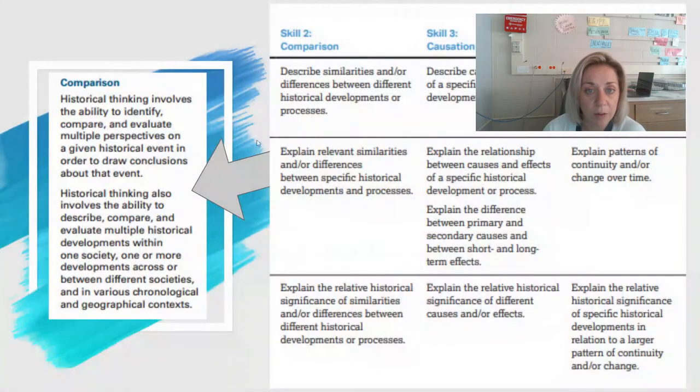When we talk about comparison, it is an innate skill that we need in social studies, right? We are specifically working on this aspect this time through: explain the relevant similarities or differences between specific historical developments and processes.